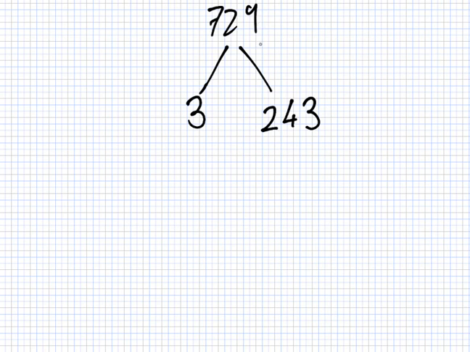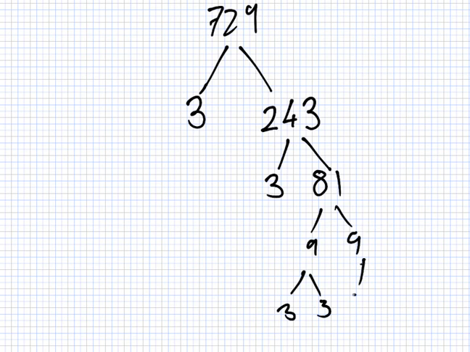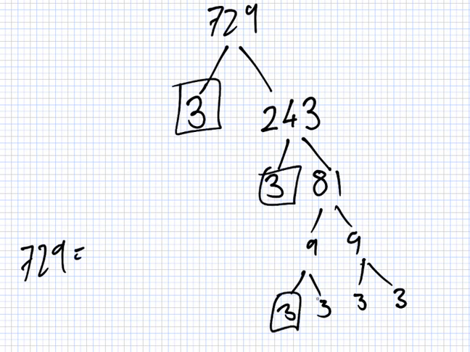I think you do this in elementary school actually. 243 is a 3 and an 81, I think. 81, I'll do it as a 9 and a 9, and then a 9 is a 3 and a 3. So you can say 729 equals 3, 3, 3, 3, 3, 3, 1, 2, 3, 4, 5, 6. 3 power 6 is 729.